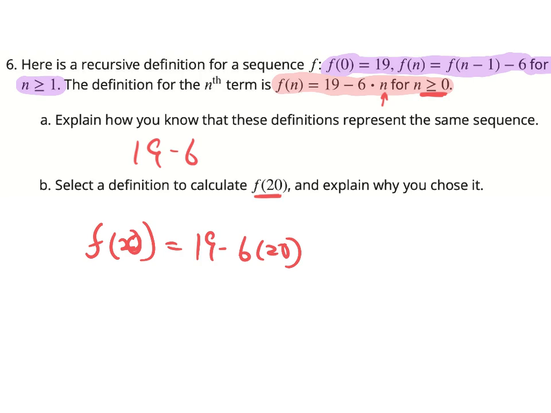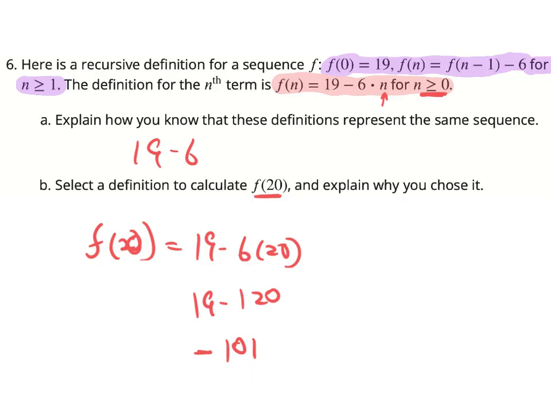For the recursive one, I would have to write term 1, term 2, term 3, term 4, term 5. I would have to calculate it 19 more times, because the 0th term is 19. And I could just do 19 minus 120, because 6 times 20 is 120. And 19 minus 120 is negative 101.